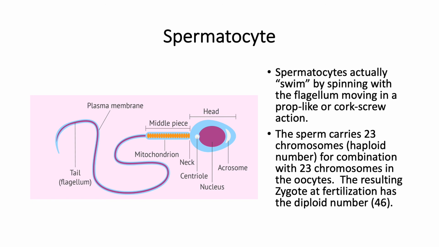Spermatocytes don't really develop until puberty, when they're expelled with each ejaculation in very large numbers. So spermatogenesis actually doesn't occur until puberty, whereas oogenesis happens in gestation. Significant difference in males and females.